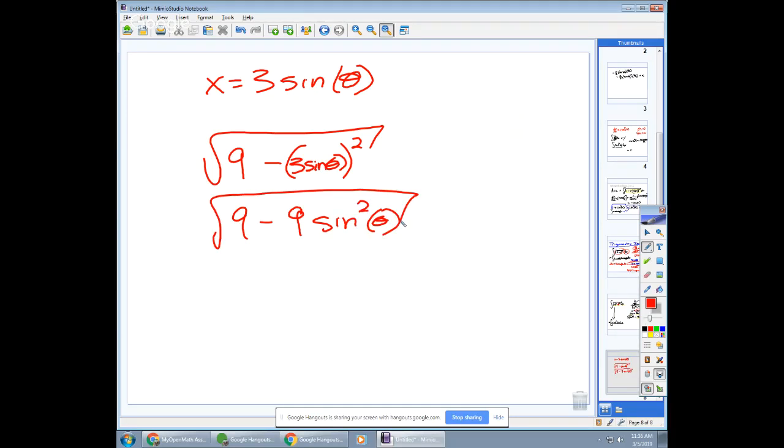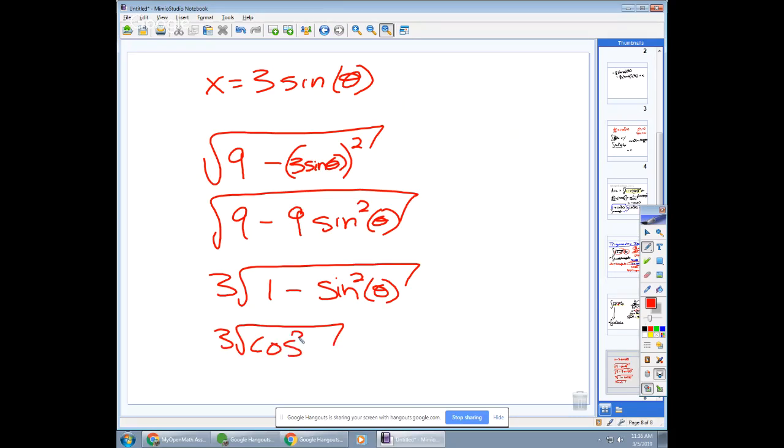Well, I can factor a 9 out of this, right? And what's the square root of 9? 3. So that gives me 3 square root of 1 minus sine squared. And 1 minus sine squared is cosine squared. So now I have 3 square root of cosine squared, which is 3 times the cosine of theta, which I found a different way from my picture.